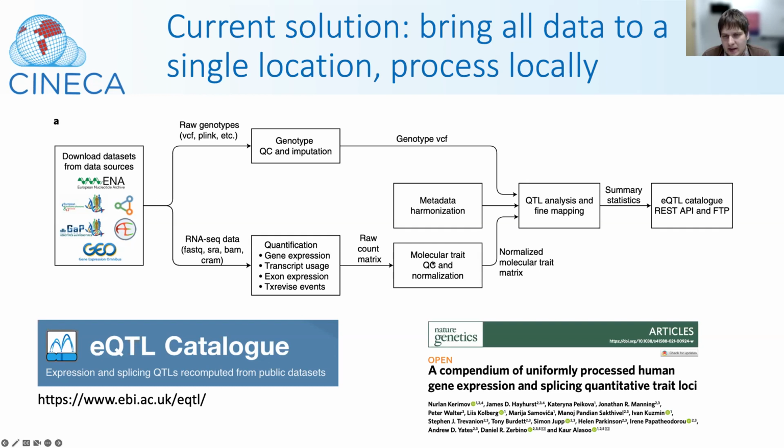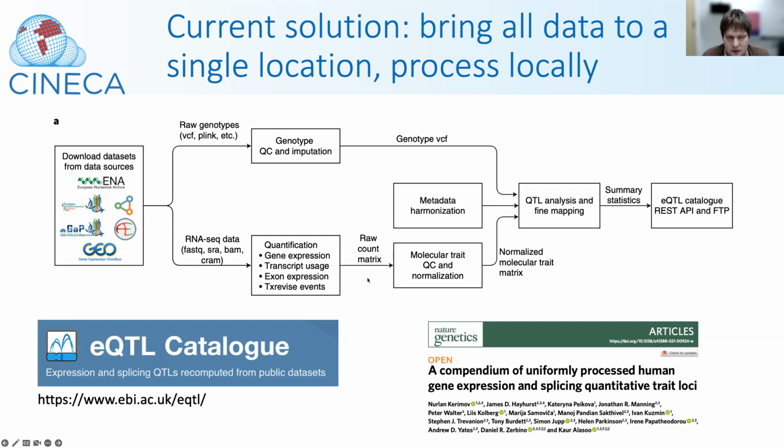And so we identify the data sets, we apply for access to them, and then we get the raw data. And then we have built uniform workflows to process these data sets. So for genotype data sets, so information about genetic variants, we take the raw data, perform quality control, and then impute it to the latest version of the 1000 genomes reference panel. And then for the RNA sequencing data, again, we take the raw data, we process this to quantify gene expression and the number of other traits, including exons and transcripts.